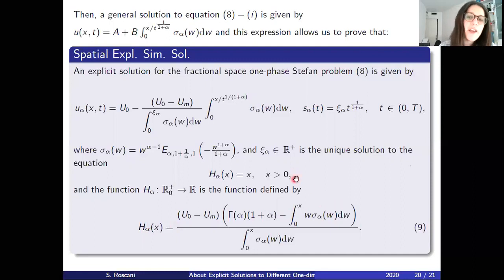What is difficult here is to treat this kind of equation. But we think we did it.